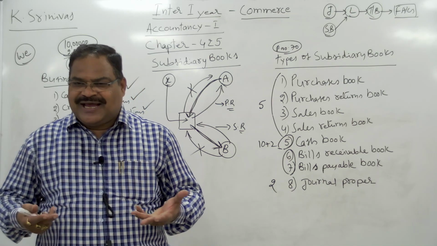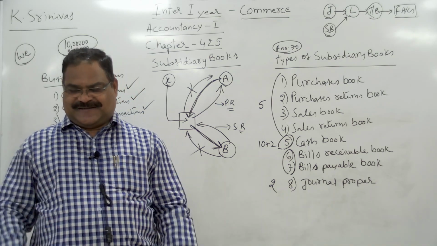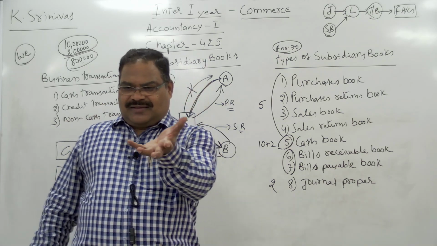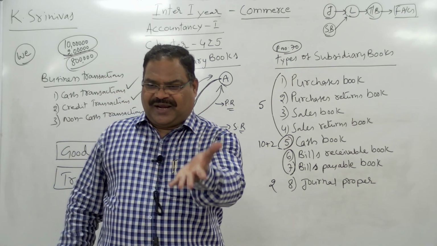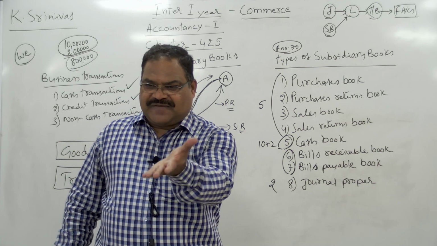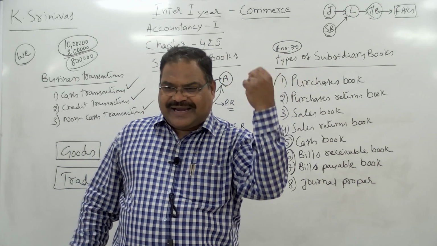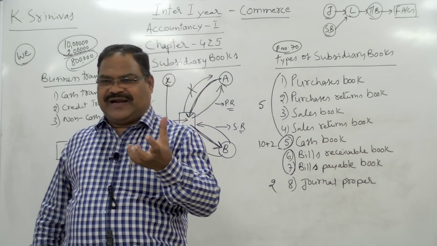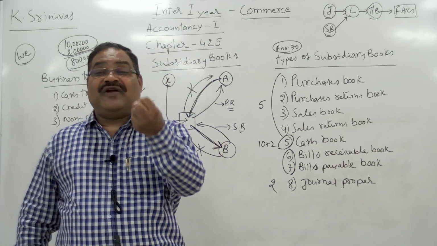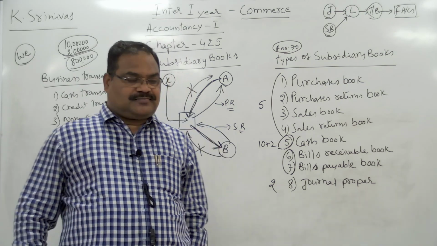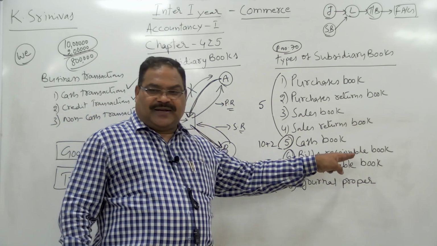Like that, sometimes in the market we are going to hear. So if he has not paid, on the basis of the document which we have taken from him, we can go to the court. From court, we can collect that. Because of that, we are taking the evidence. That evidence is called bills receivable.